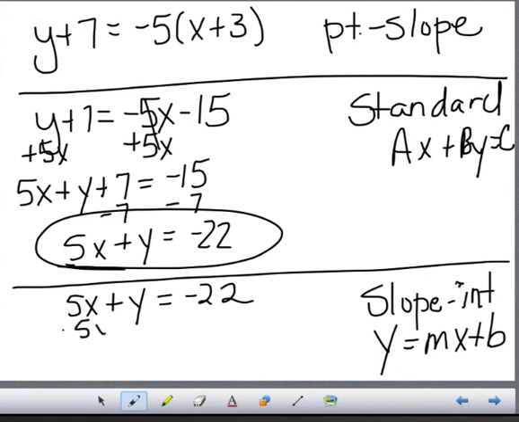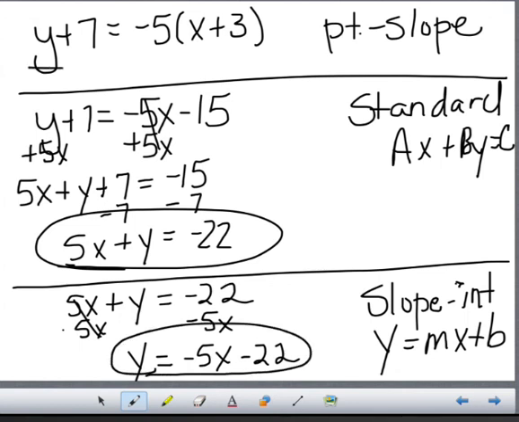So I'm just going to subtract 5x from both sides. So y is equal to a negative 5x minus 22. Am I in slope-intercept form? Yes. So all three of these equations are the exact same line if I were to graph them. Okay? It's the exact same equation, just written 3 different ways.